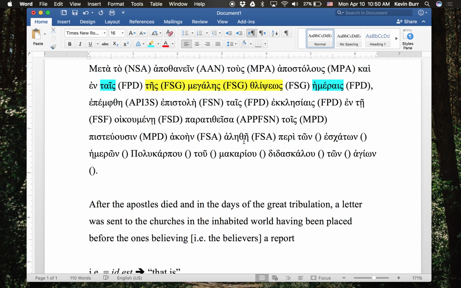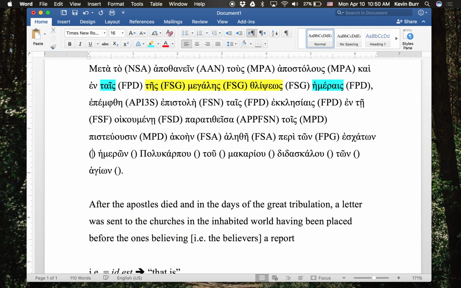So akoen alethe is also feminine singular accusative. Concerning, peri ton, eschaton hemeron, Polykarpou. Hemera is feminine, and so ton here is feminine plural genitive. Eschaton is modifying hemeron, so it's also feminine plural genitive, and hemeron is feminine plural genitive.